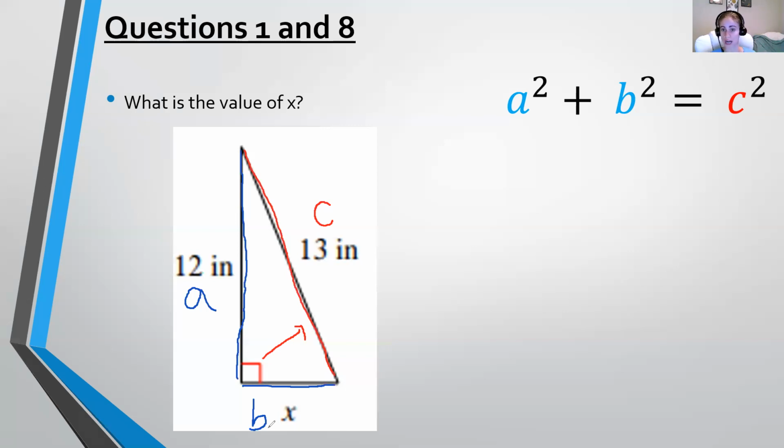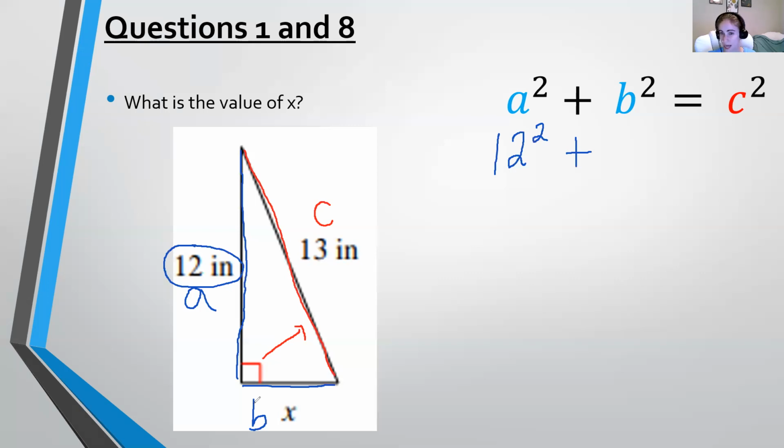We labeled our triangle. Step 2 is substitute the values into our theorem. If we look at our Pythagorean theorem, we have A squared. Well, we know that side A is 12 inches. So instead of A squared, we can have 12 squared. And then that is plus B squared. Well, that's the one we don't know.